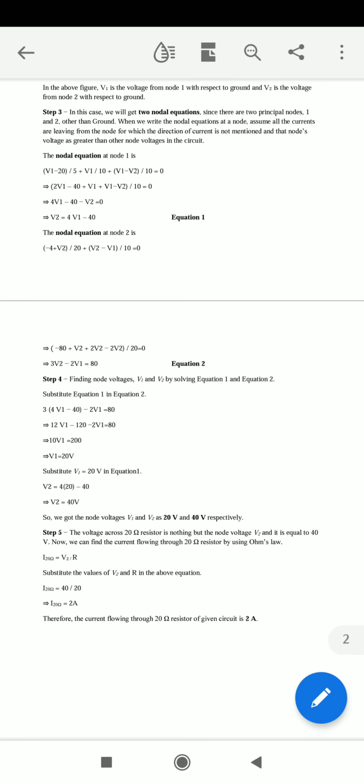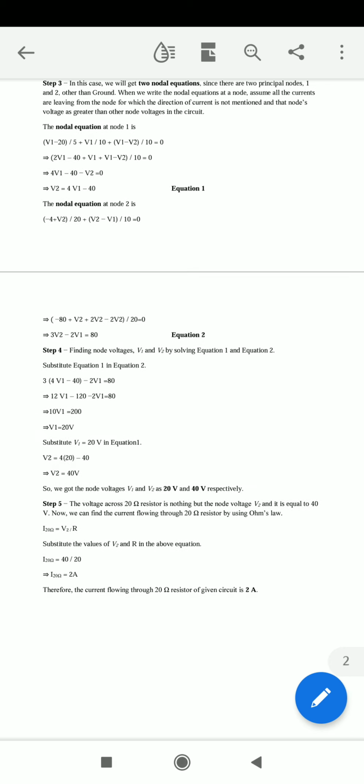Taking 20 as the LCM, we get minus 80 plus V2 plus 2V2 minus 2V1, so 3V2 minus 2V1 equal to 80. From node 2 we get equation number 2.